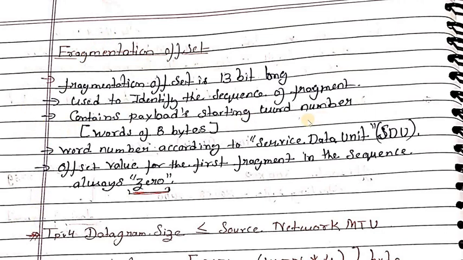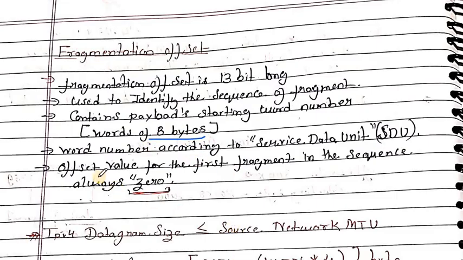It contains the payload's starting word number. In the fragmentation offset, we fill the value in the form of words, not bits or bytes, and the size of the word is 8 bytes. Okay.